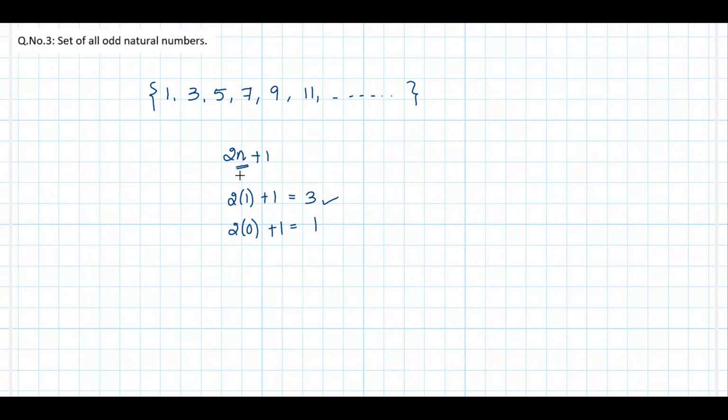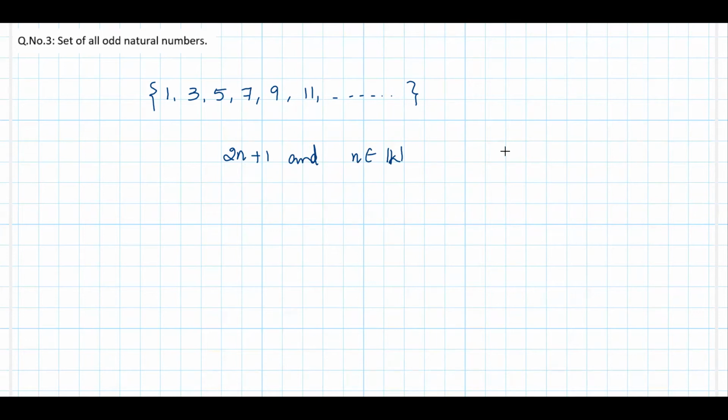If in the place of n it is 2, then it is 5. Yes. So we have to start taking n values from 0, which means n belongs to whole numbers. All right. And there is no further restriction here for n because it's infinitely many.